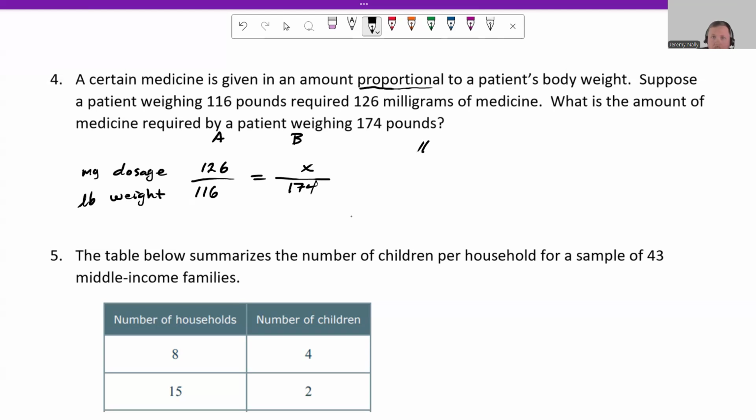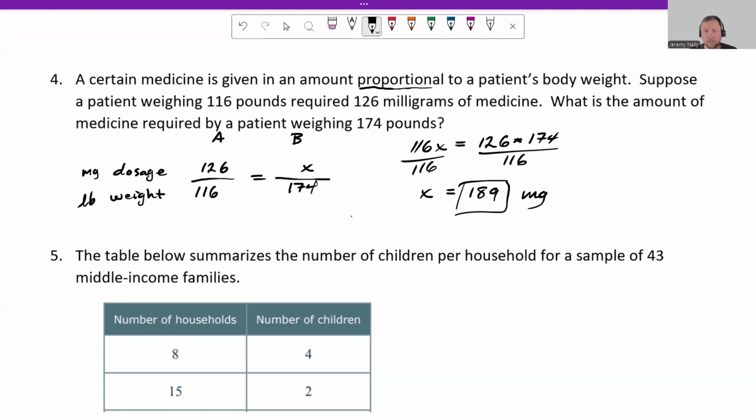So we have 116x is equal to 126 times 174, and then divide both sides by 116. So I get 189 milligrams.